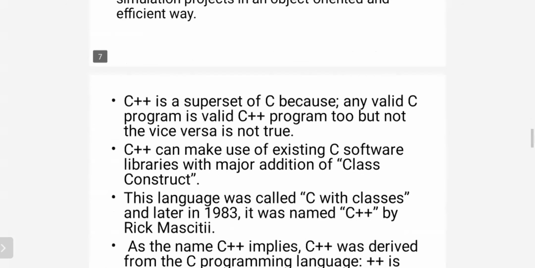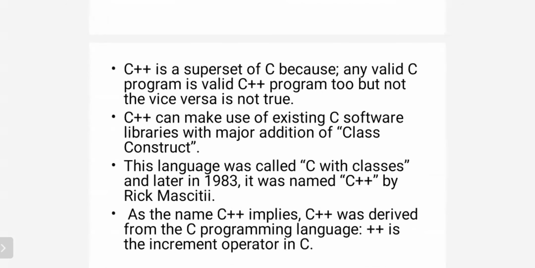Clear, students? C++ language was introduced from the C language. That's why we call C++ a superset of the C language. Why is it called a superset of C? It was basically introduced from C. Any program developed in C language is a valid program in C++ because it is an advanced version of C language, right?